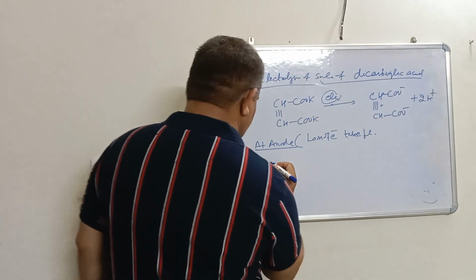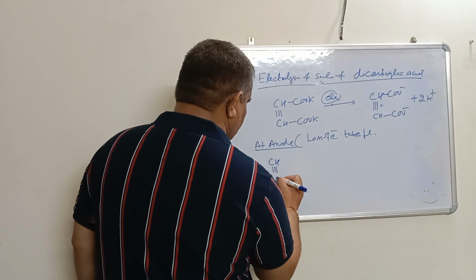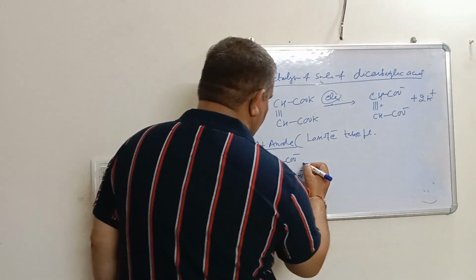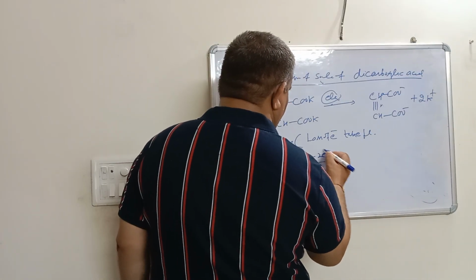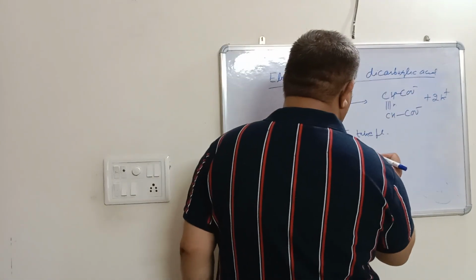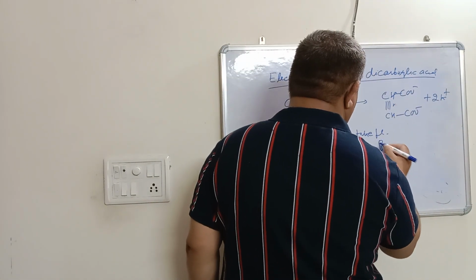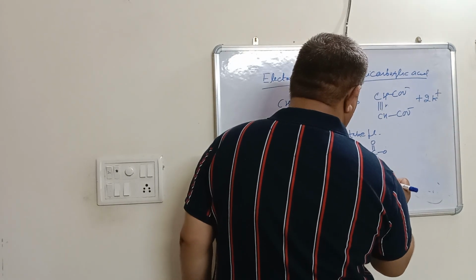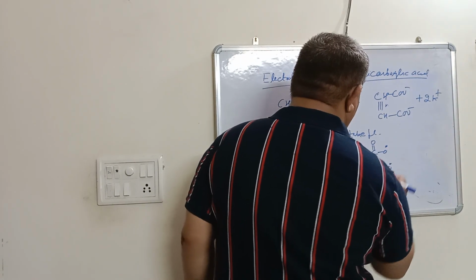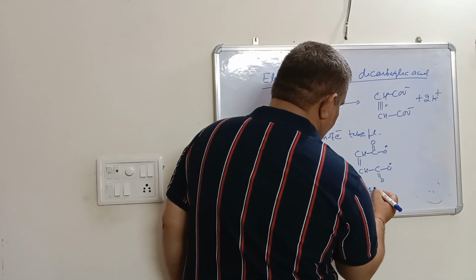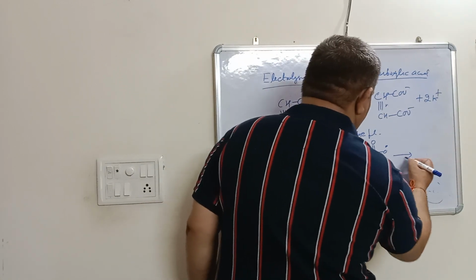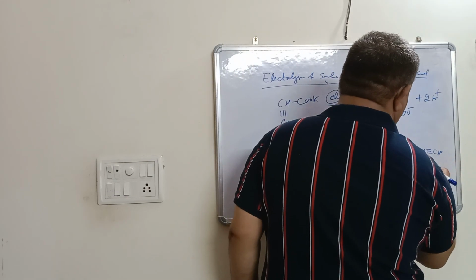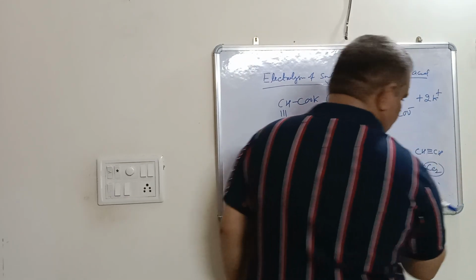At the anode, the maleate ion loses 2 electrons and forms an unstable radical. This unstable radical releases carbon dioxide and forms the alkyne and carbon dioxide.